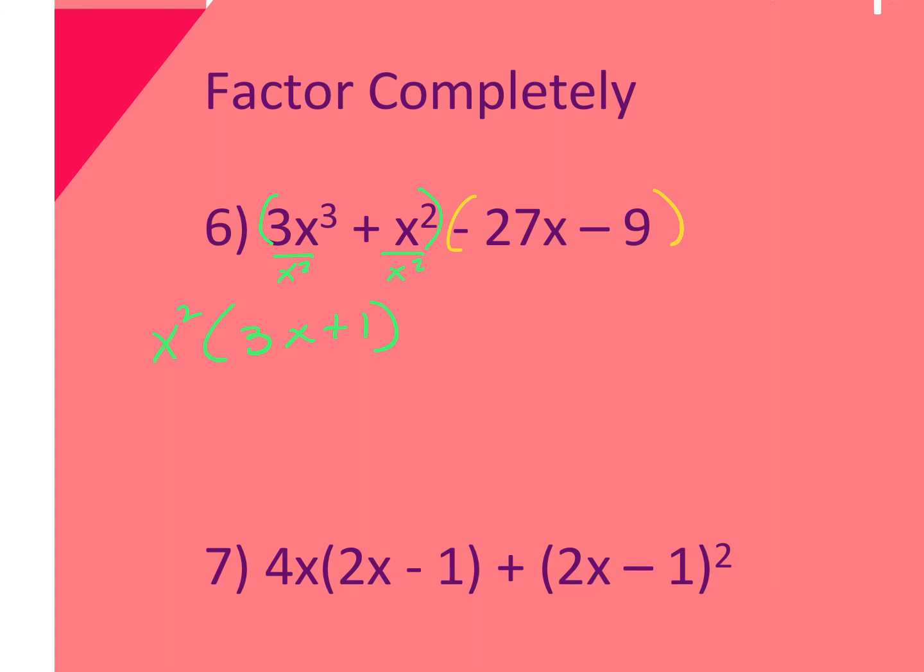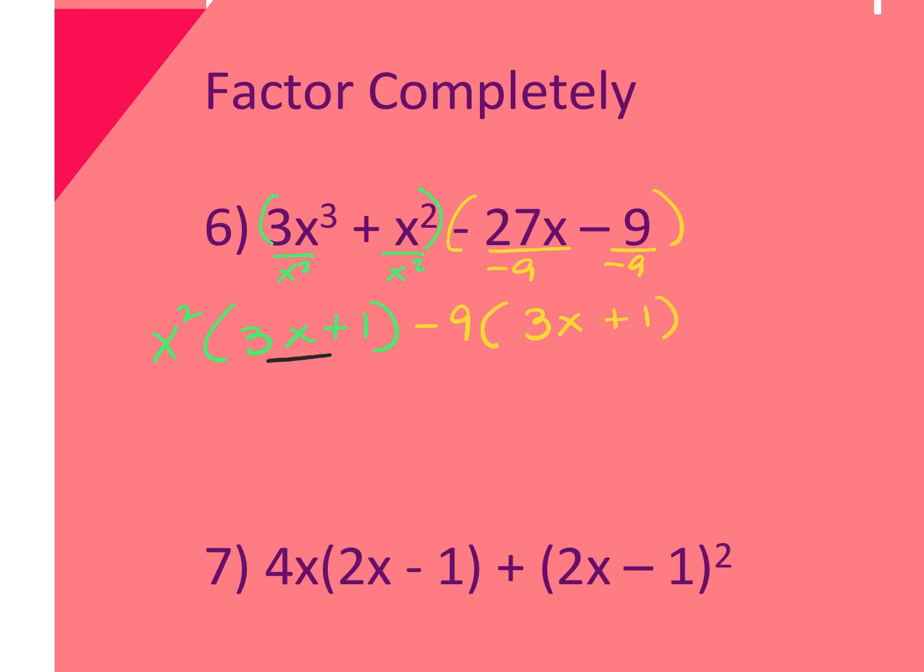Now, at first glance, you might think it's going to be a positive 9, but in order for what remains after you divide to be the same, I need to pull out a negative 9 GCF. After I divide negative 27x by negative 9, I get positive 3x, and then negative 9 divided by negative 9, anything divided by itself is 1.